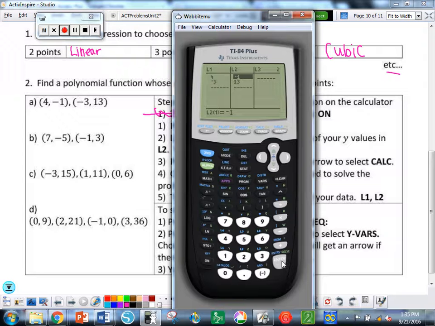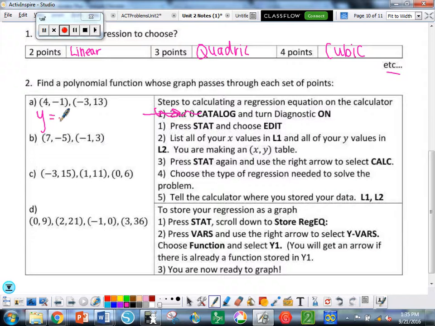Okay, what did we get again? So how do I use this to write my equation? Y equals what? A, -2x, and then 7. Done. Fantastic. That's it.